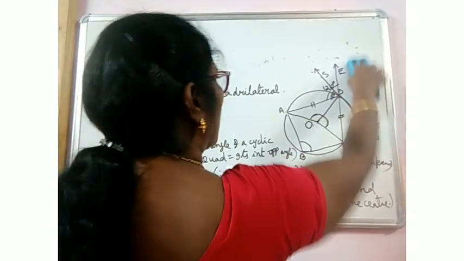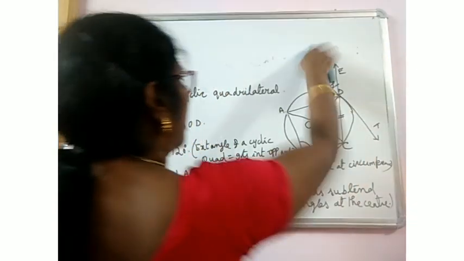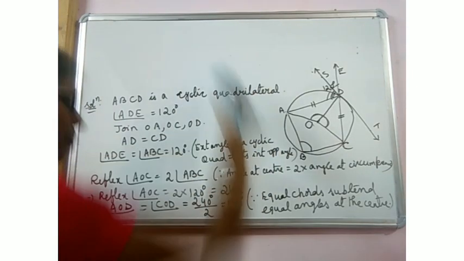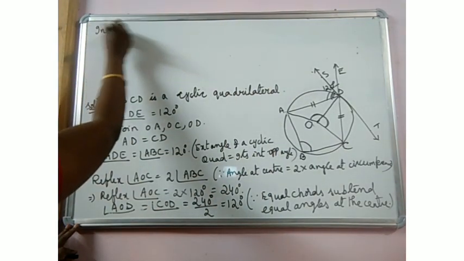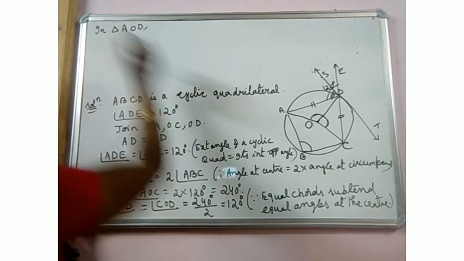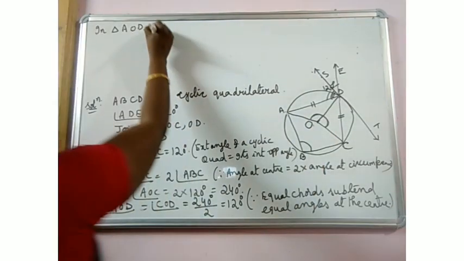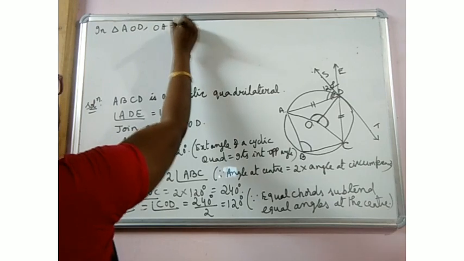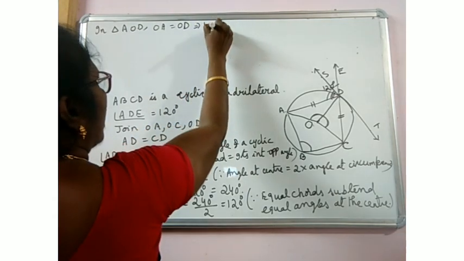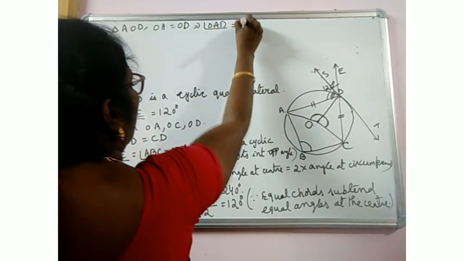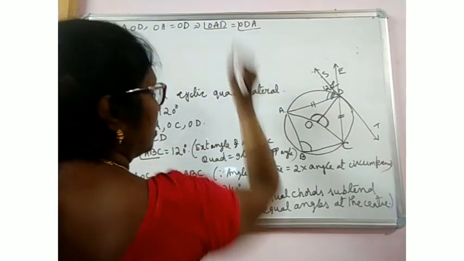In triangle AOD, let us find angle ODA. In triangle AOD, OA is equal to OD. That implies angle OAD is equal to angle ODA.